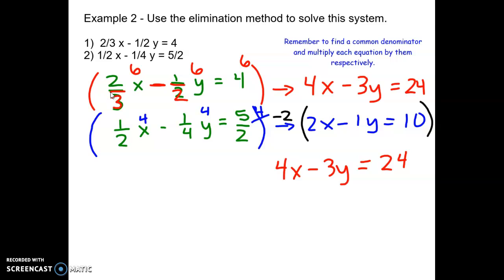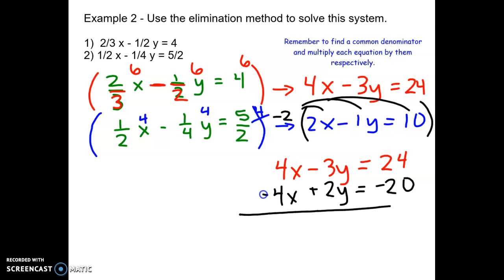So now we have to do elimination. So I'm going to multiply the bottom all by negative 2 to get minus 4x plus 2y equals minus 20. Again, each piece is going to get multiplied by that negative 2 so that something lines up nicely and we can eliminate our x's.